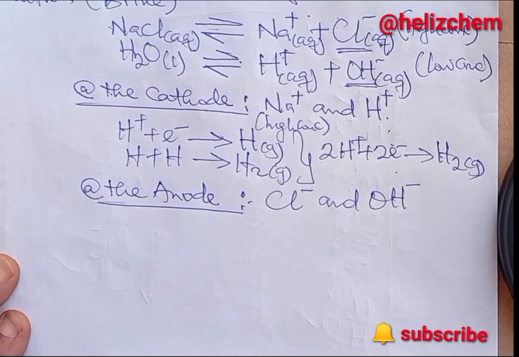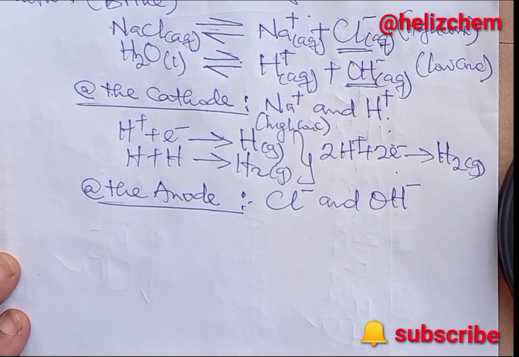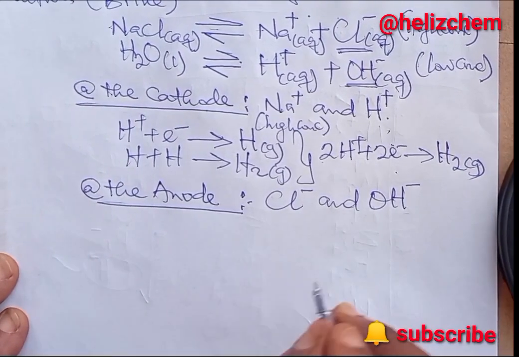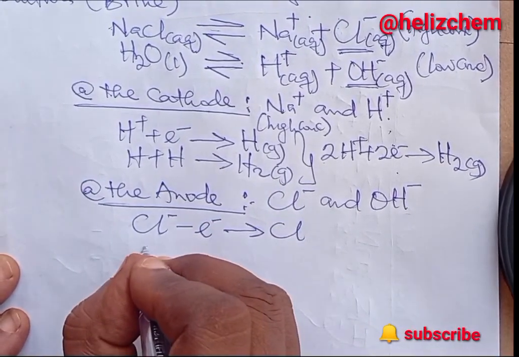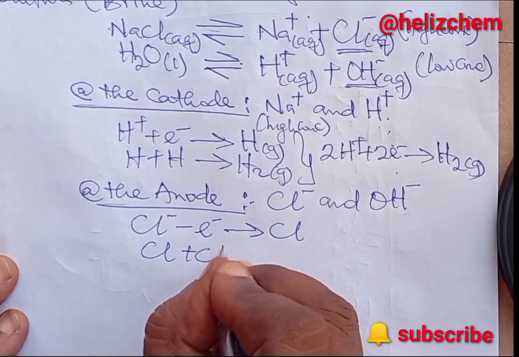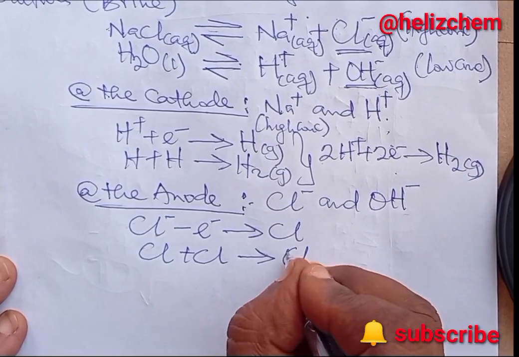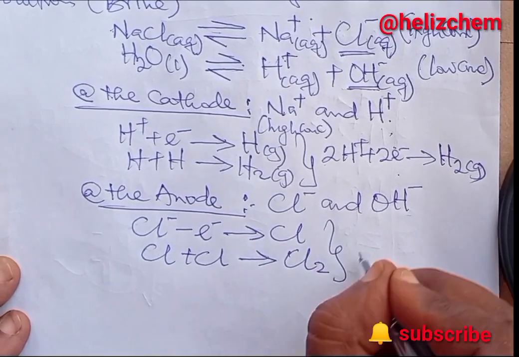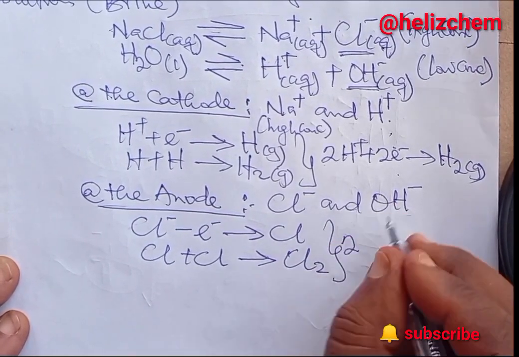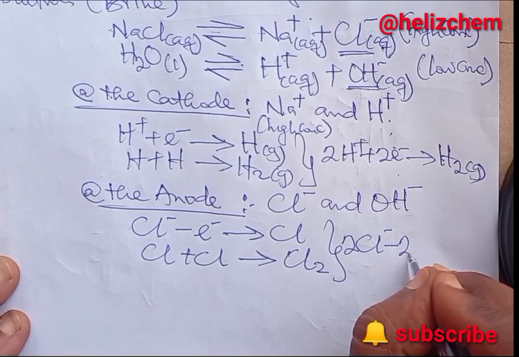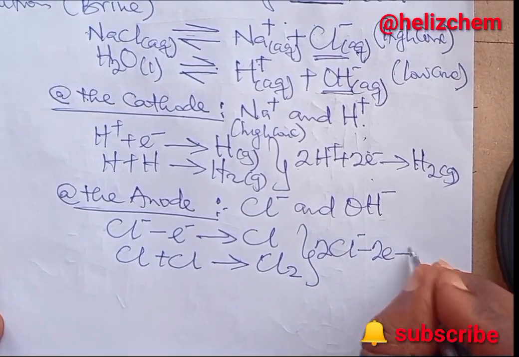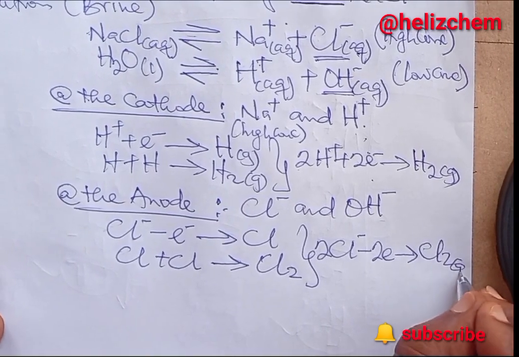This is where the effect of concentration is important, because at the anode, chloride ion will be discharged, and we have something like this. Cl plus Cl will give Cl2. And in the same manner, you can just write it directly like this. 2Cl- minus 2e- to give Cl2 gas.